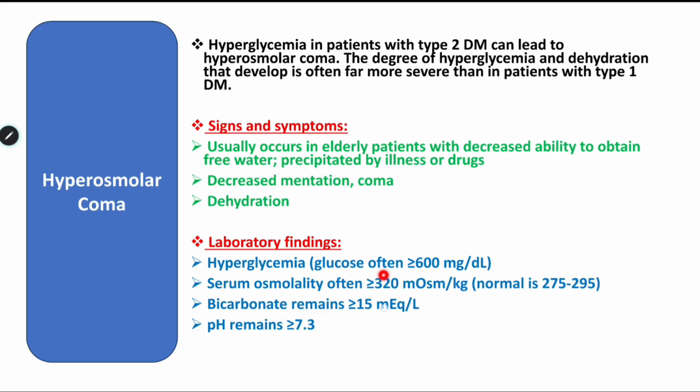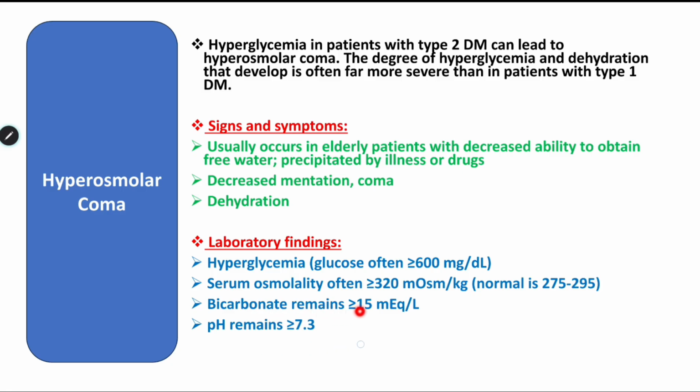Hyperglycemia is more than in diabetic ketoacidosis. Glucose levels are more than or equal to 600 milligram per deciliter. And because glucose is elevated so much, osmolality is also elevated, more than 320 milliosmoles per kg. That is why it is called hyperosmolar coma. Normal osmolality of the blood is 275 to 295 milliosmol per kg.